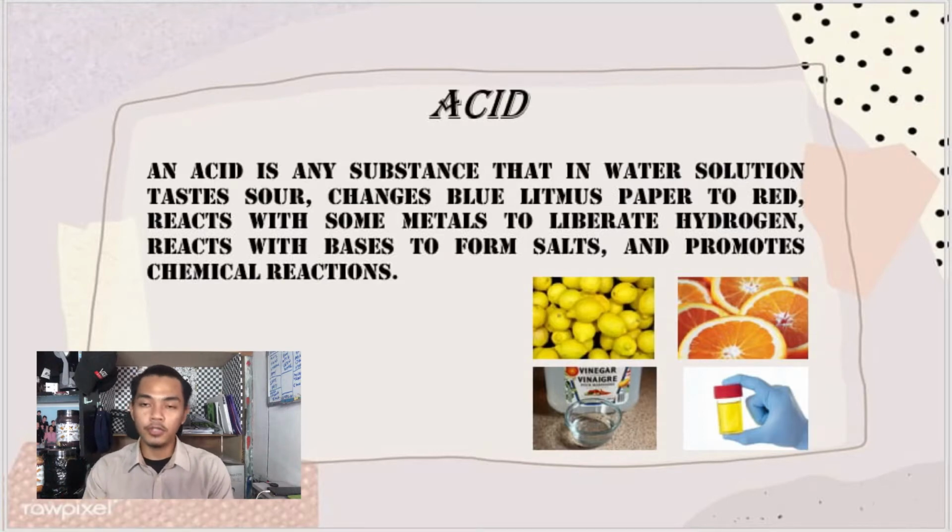It changes blue litmus paper to red, reacts with some metals to liberate hydrogen, reacts with bases to form salts, and promotes chemical reactions. As you can see in the picture in the slide, we have lemon, orange, vinegar and urine. These are some examples that contain acid.